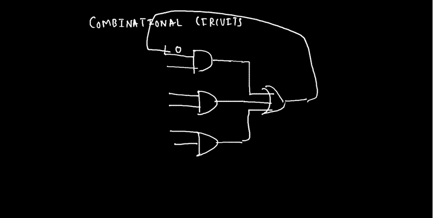Wherever feedback or memory elements are involved, those are called sequential circuits. We haven't seen them so far; we'll see them after your sessional 1 examination. All circuits we have seen so far are combinational circuits. Okay, let's stop here.